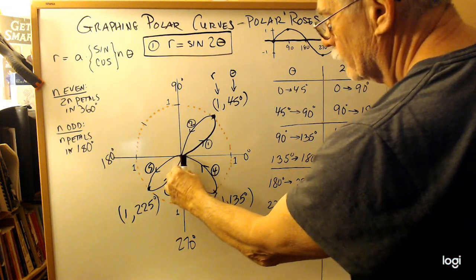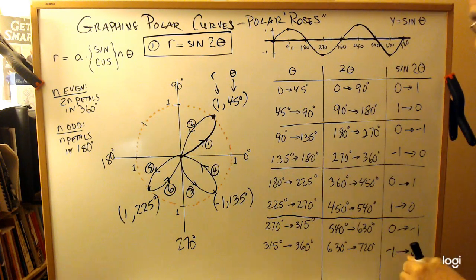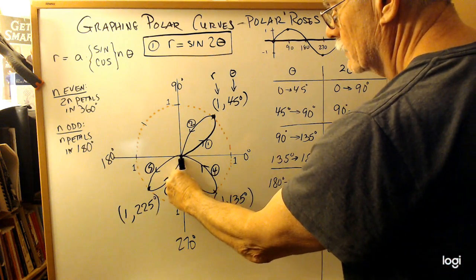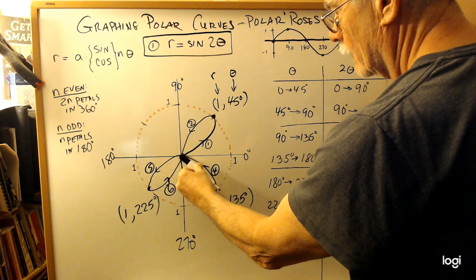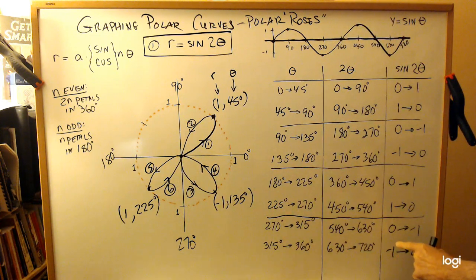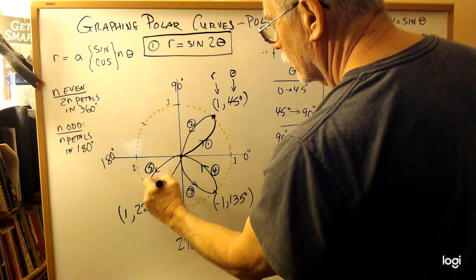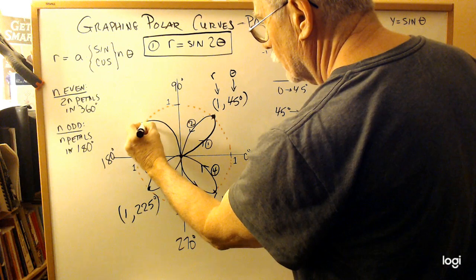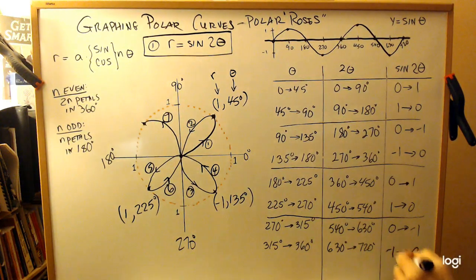So anything from here to here is going to be reflected up into what we would call quadrant 2. So when we go from 270 to 315, we're going from 0 to -1. So we're going to come up from here, we're going to hit here. This is the seventh leg of our journey.